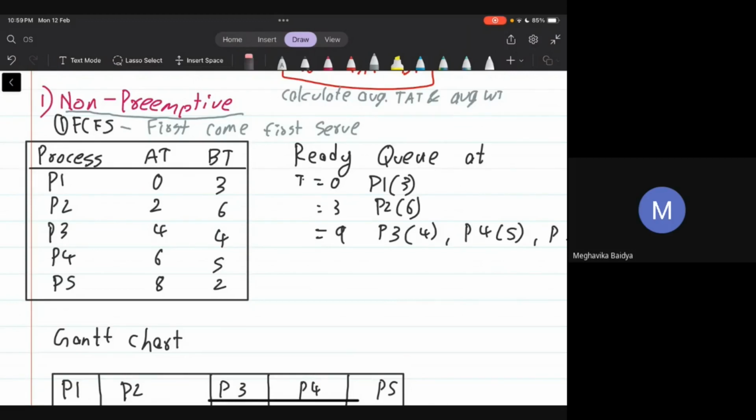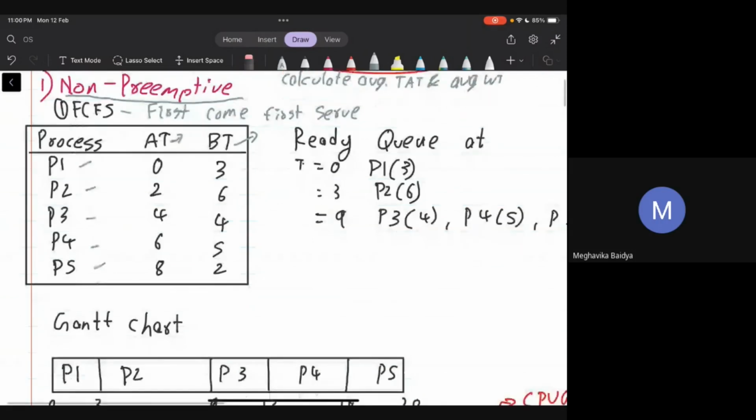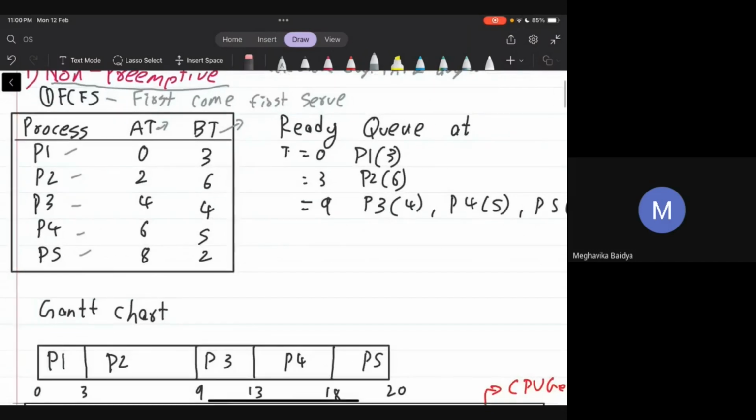AT stands for arrival time, and BT stands for burst time. Here you can see that P1, P2, P3, P4, P5 come at arrival times 0, 2, 4, 6, 8, and their respective burst times are also given. So in first come first serve, you start with what comes first.